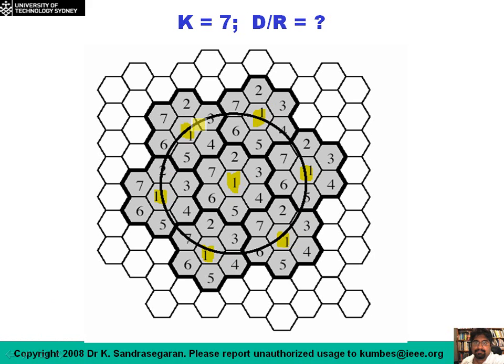If you were to work out the D over R ratio, what will it be? Square root of 21. That's something you can work out. Remember the formula that I told you earlier, D equals... this is the same formula we're using in this particular case.